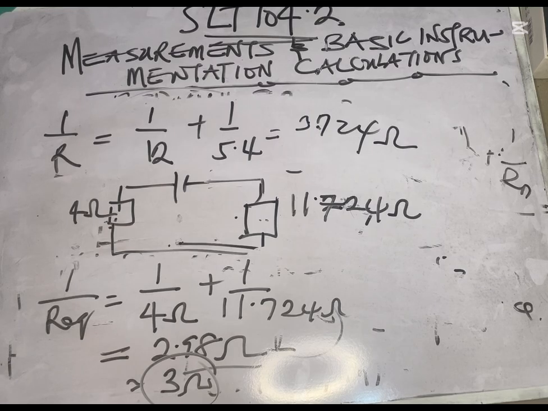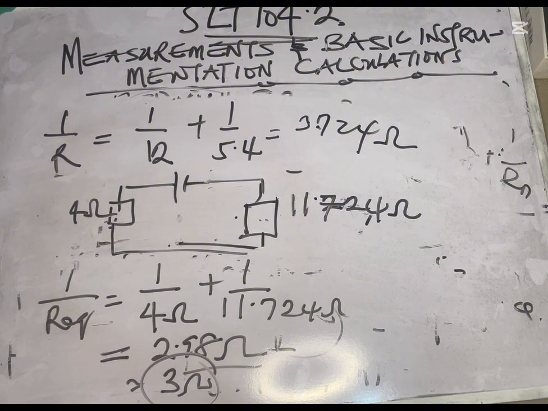So we now had to do 5.4 and 12 ohms, which were parallel to each other, which gave us 3.724. So now we realize that 3.724 was in series with 8 ohms, because we had been able to remove that 12 ohms that was blocking the 8 ohms.